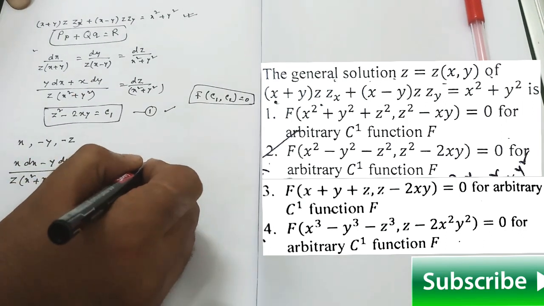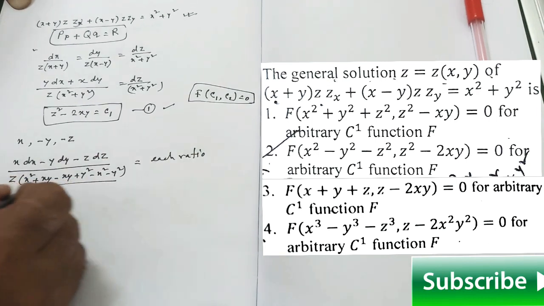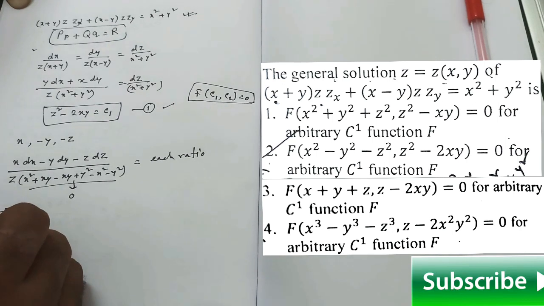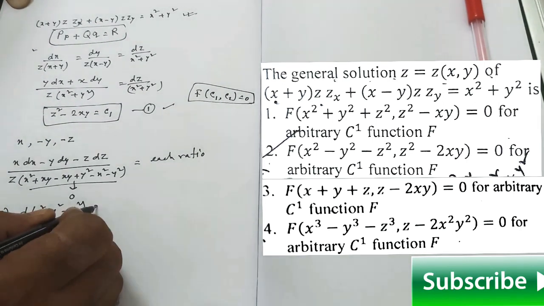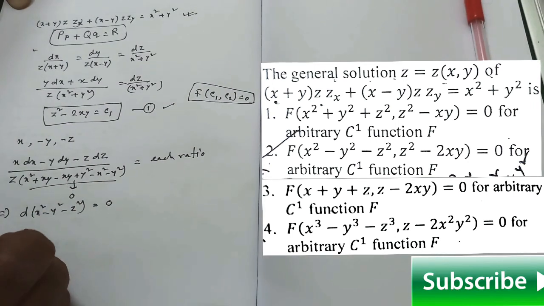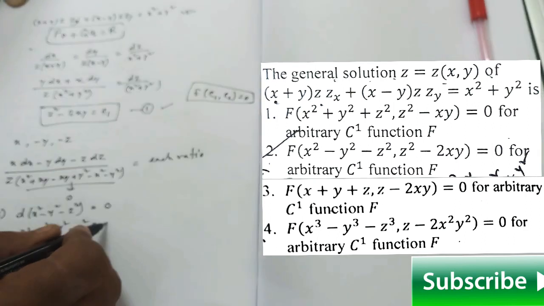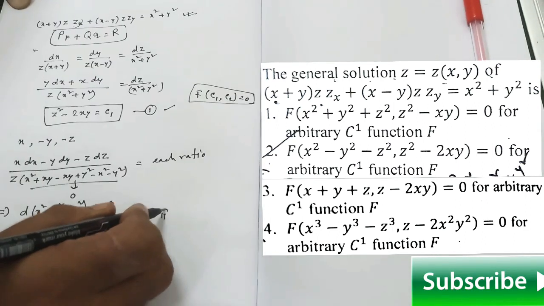Observe that from this part you are getting 0. So finally you have d of x square minus y square minus z square is equal to 0. So you have x square minus y square minus z square is equal to c2 as your second relation.